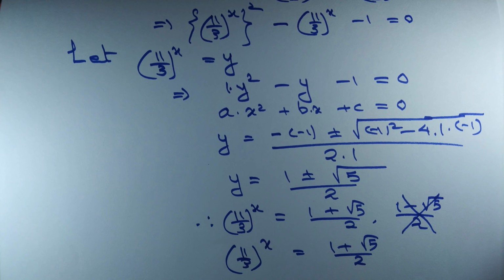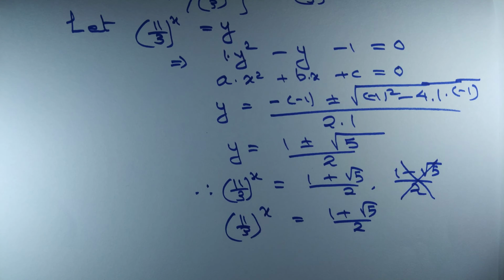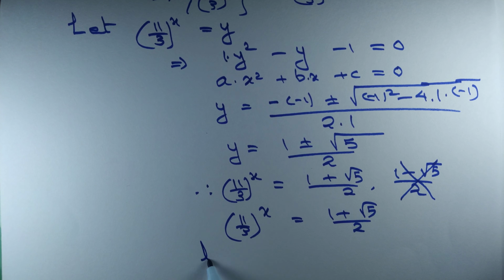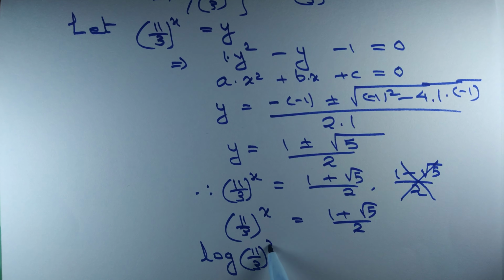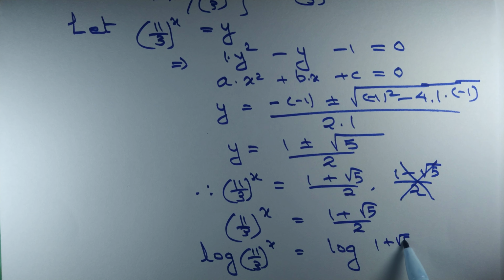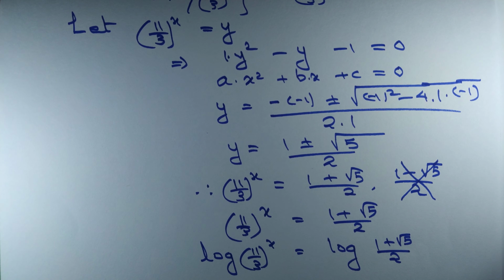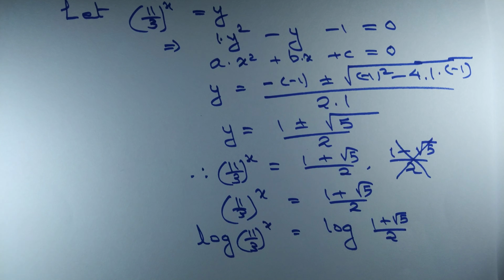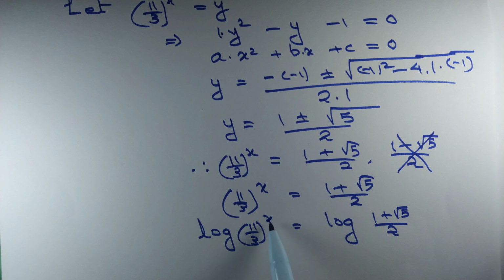Now we take logarithm on both sides. So log of 11 by 3 to the power x equal to log of 1 plus root 5 by 2. Now the power we can write outside of the logarithm.